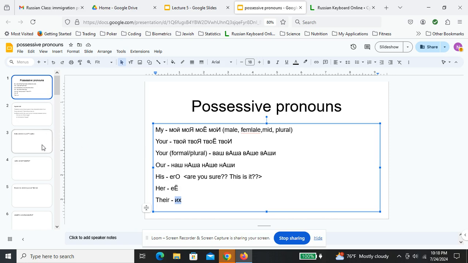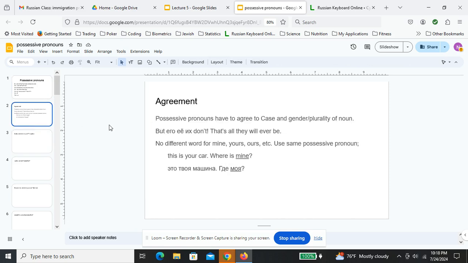Alrighty, let's see what else I wrote down before we begin the challenge. Okay, so agreement, as I said in class, possessive pronouns are basically adjectives. Just like adjectives, they have to agree to gender and plurality. And just like adjectives, they also have to agree to the case of the noun. So things can get very complex when we're dealing with cases and possessive pronouns involved.